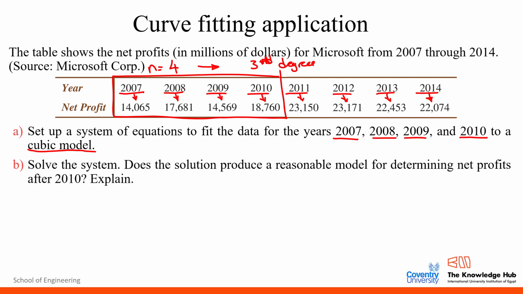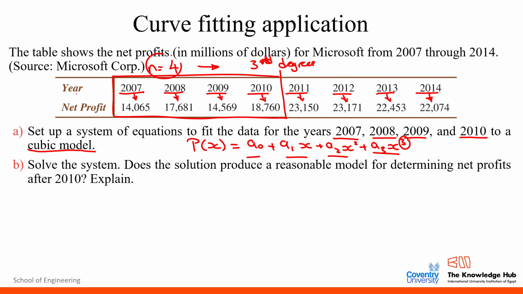So the polynomial function would be p of x equal a naught plus a1 x plus a2 x squared plus a3 x power 3. We have here 4 terms as 4 points, and the degree is n minus 1, which is less than the number of points. So I'm going to substitute with the values.